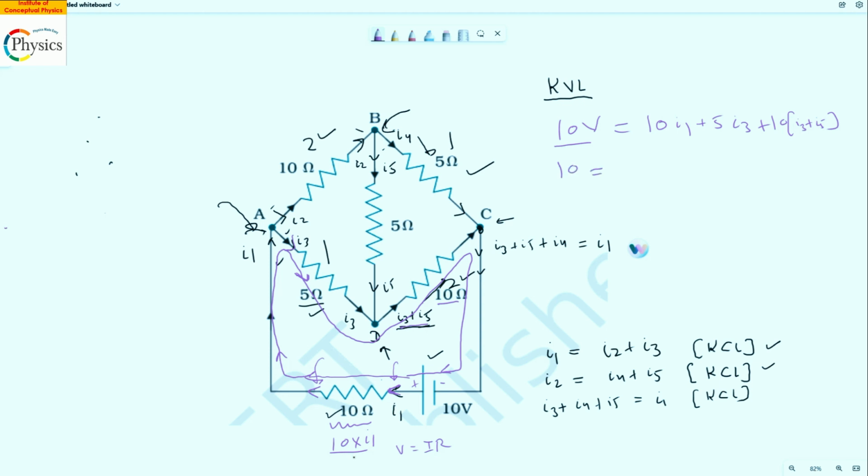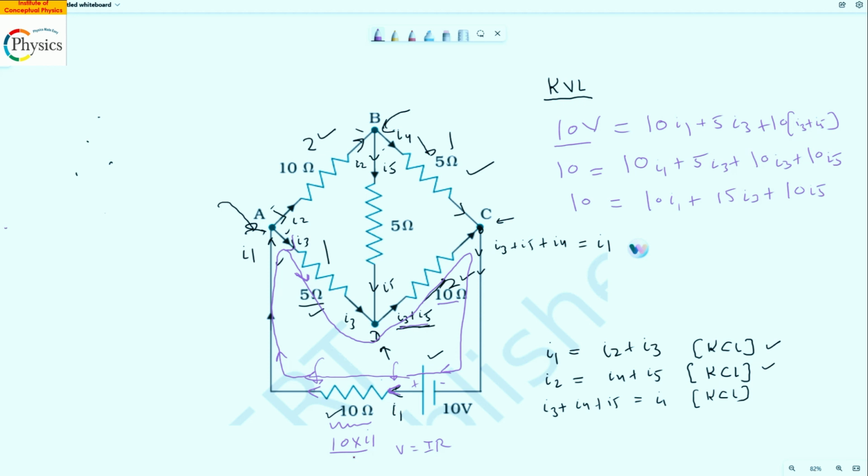So 10 is equal to 10 I1 plus 5 I3 plus 10 I3 plus 10 I5. I hope this is making sense. So 10 is equal to 10 I1 plus 15 I3 plus 10 I5.